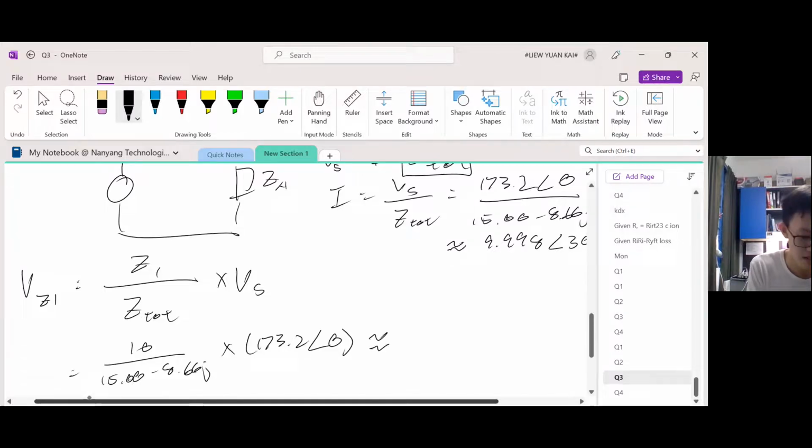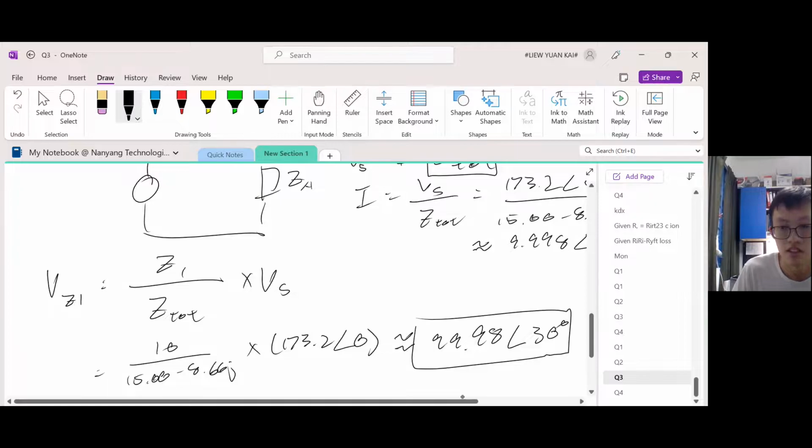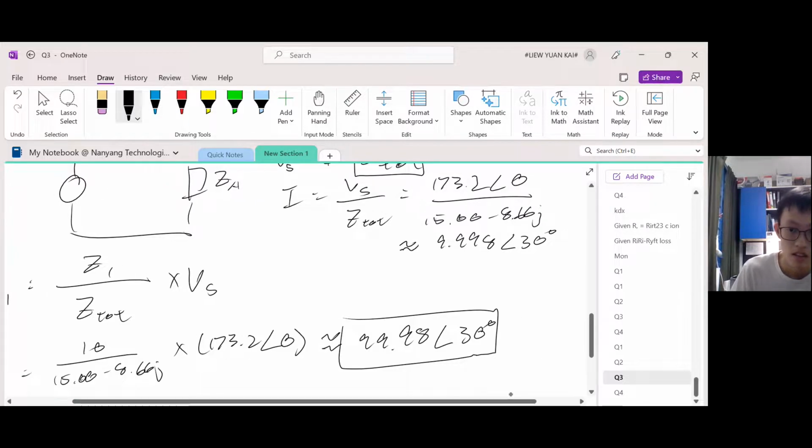And this should give us there. So this is the answer for the phasor of the voltage across Z1.